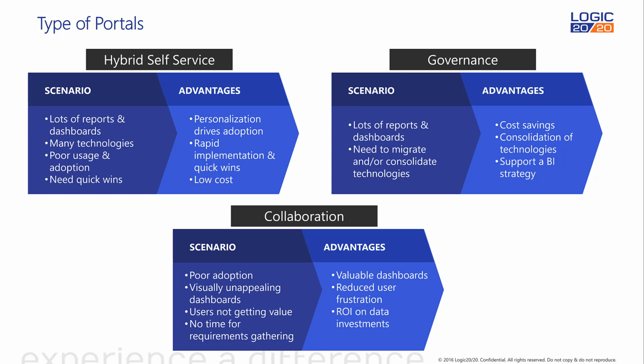Governance. So governance is basically addressing the situation where you have lots of reports and dashboards, that's common, but you need to migrate and consolidate technologies. So what if you have just a ton of reports on, let's say, BObJ, for example, and you've got 1,000 reports, and you want to go, well, you know what, who's really using it?